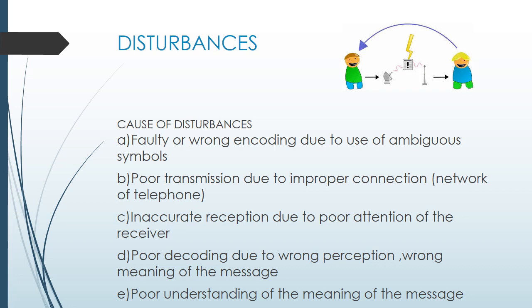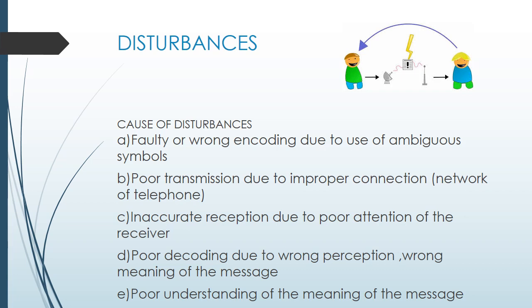Now, these causes of disturbances can be on the sender side. If the sender doesn't encode the message properly, then definitely it will be a problematic situation. If there is poor transmission, maybe due to any improper connection or due to any transmission channel which has been used, or if the receiver doesn't receive the message carefully, if he is not attentive, then also it will be a problem.